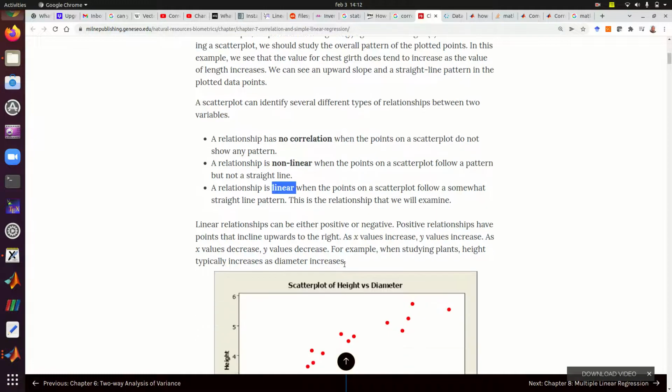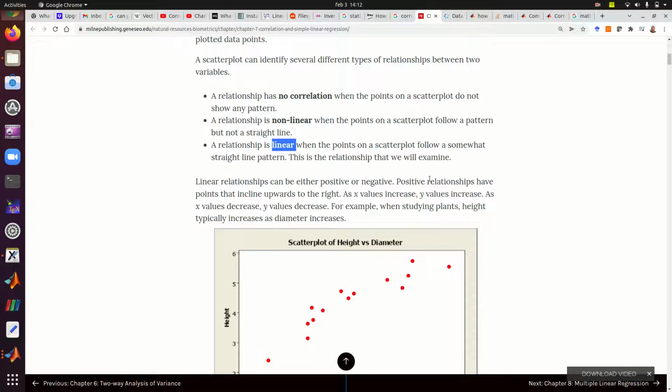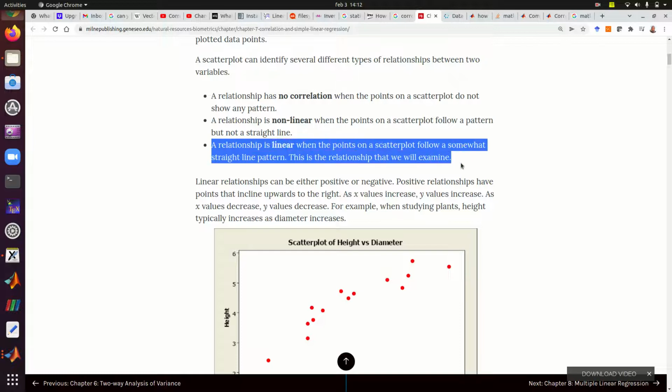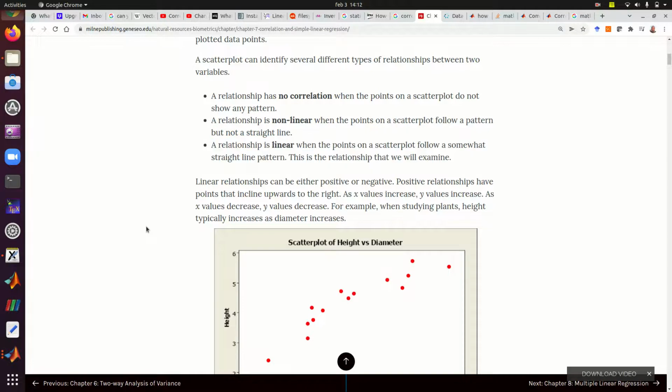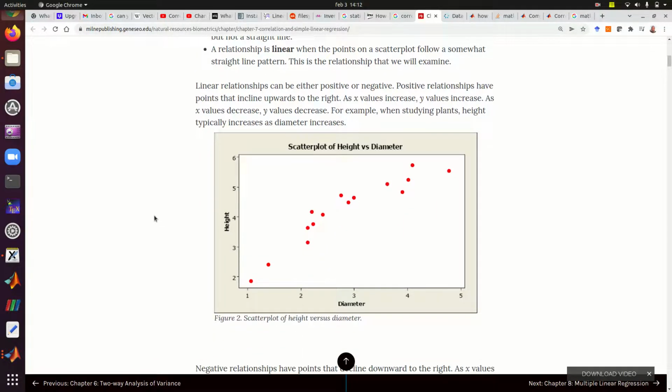We are interested in this because we are looking at simple linear regression and correlation. So we are interested in the case where the relationship is linear and the points show somewhat a straight line. This can either be positive or negative.